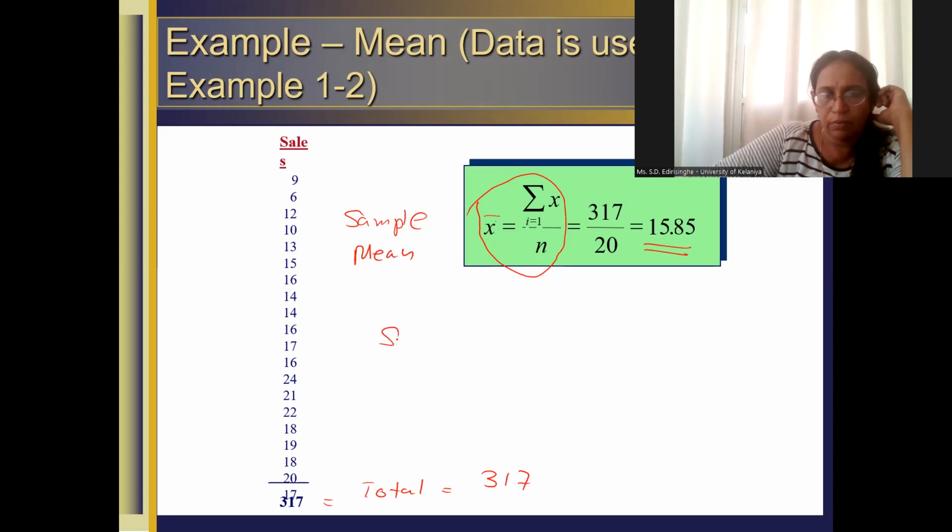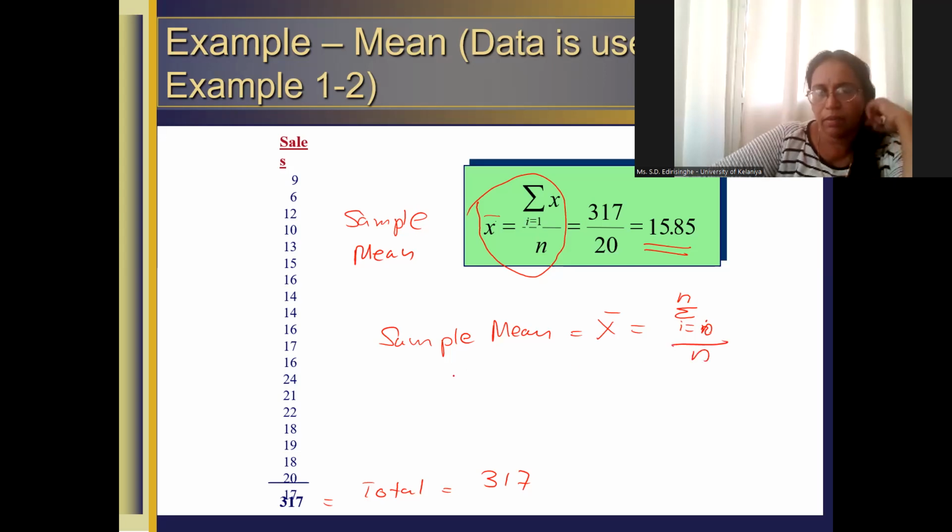So sample mean equals x bar. How can we find it? Sigma i goes from 1 up to simple n, divided by the sample size. So for example, we have three values here, 4, 9, 6. This is our x1, this is our x2, this is our x3.